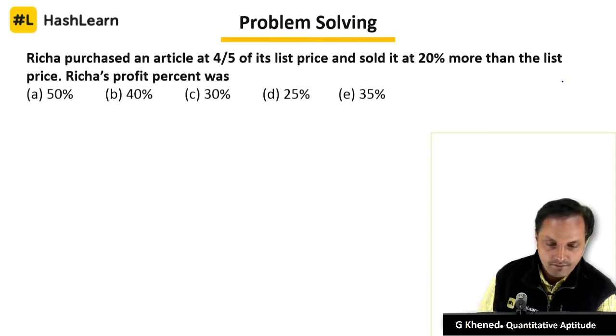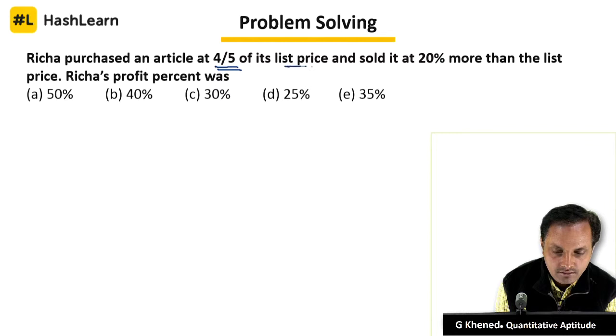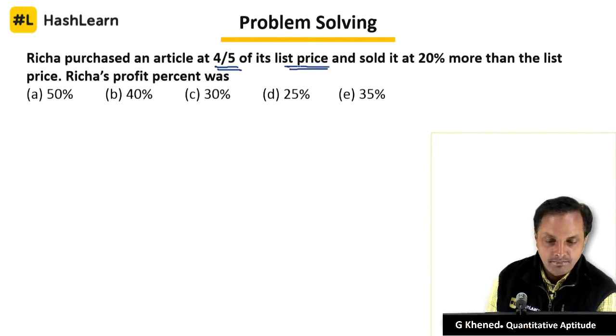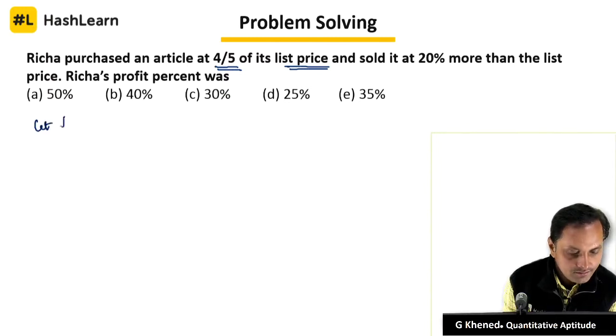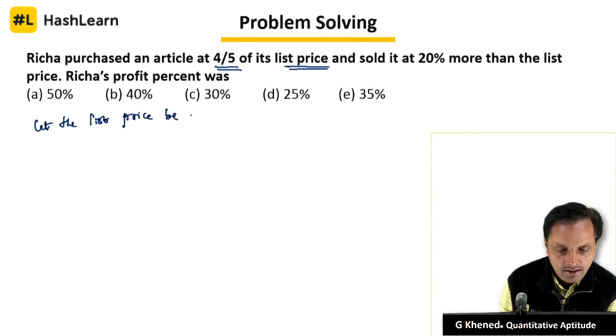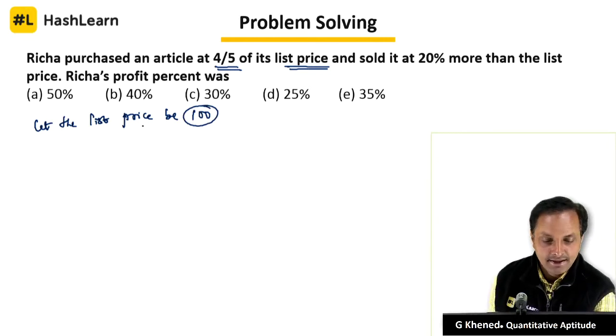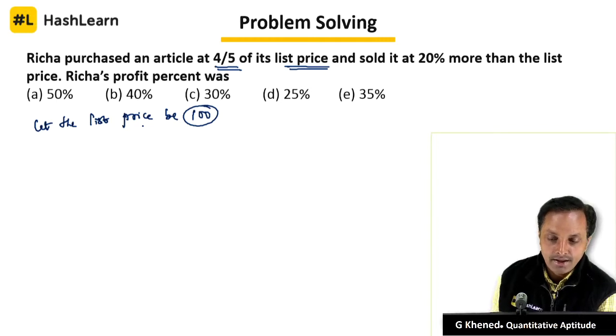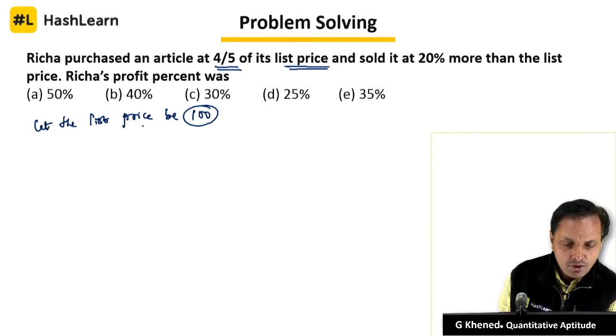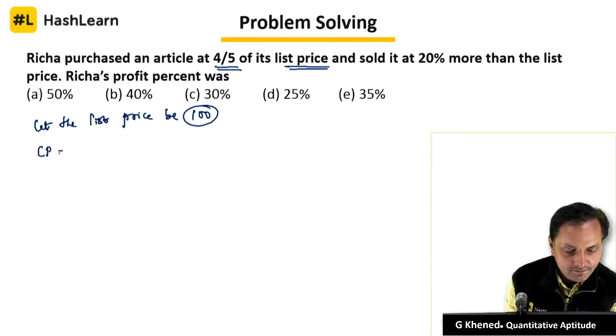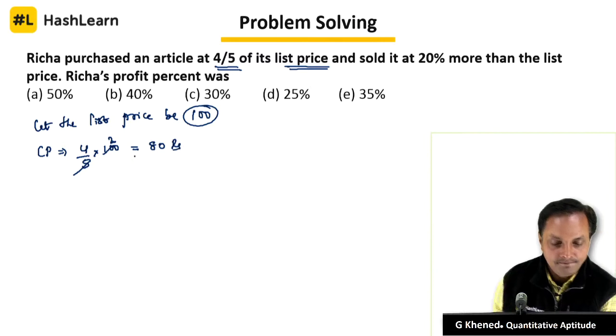See here, they have not given you the list price, but because the options are in percentage only, you can consider the list price to be 100. So what is the cost price? 4/5 of the list price, which is 80 rupees.